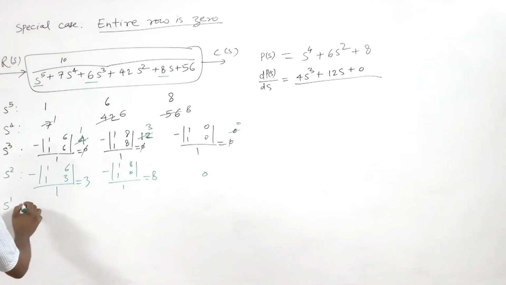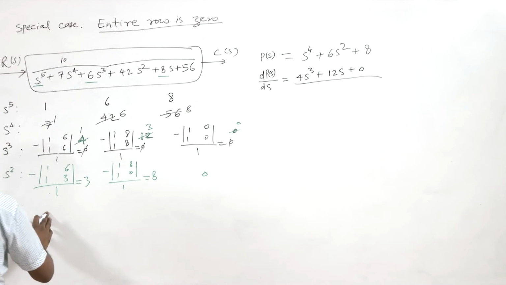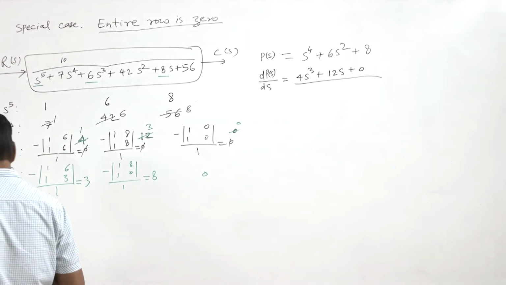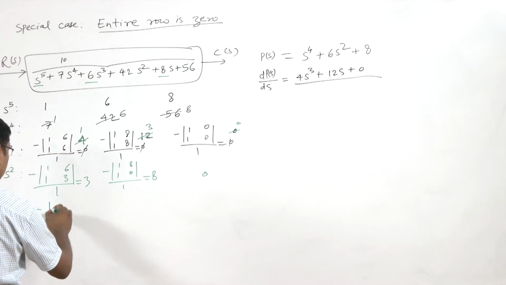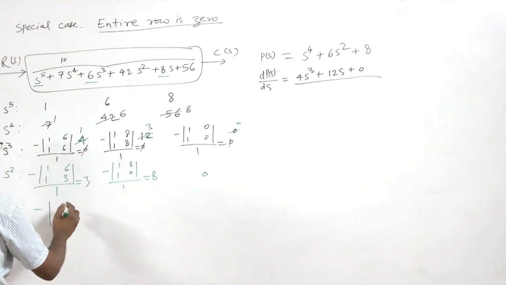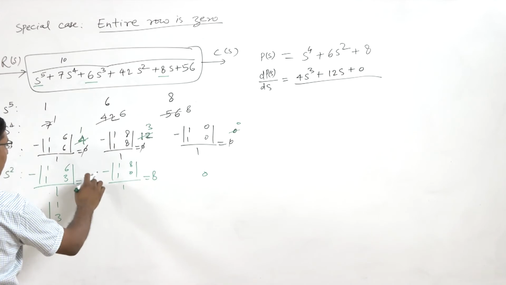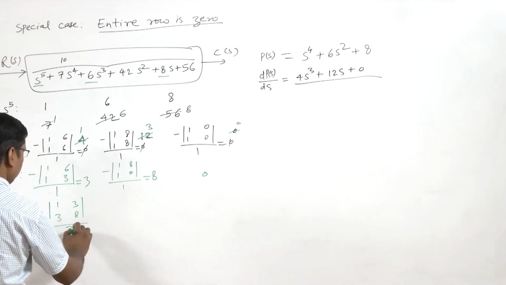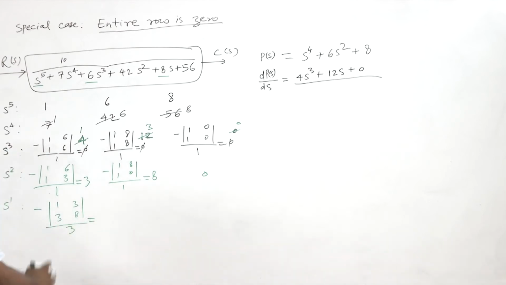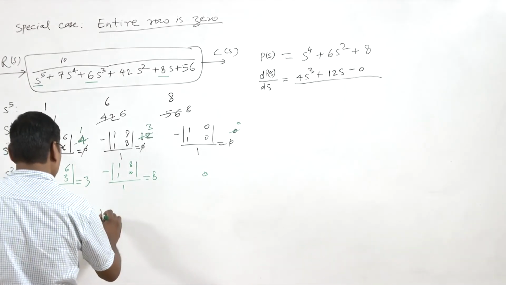Then s1. For s1 we get minus 1 over 3, 3 times 8, so 8 minus 9, so 1 by 3 we get here.